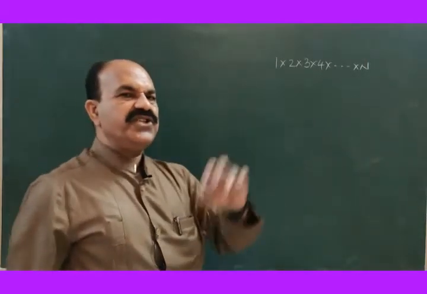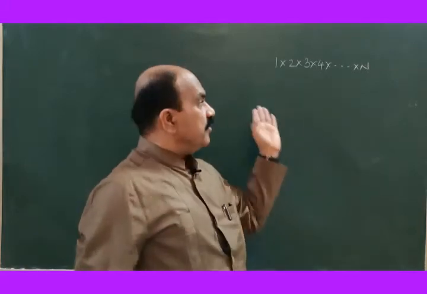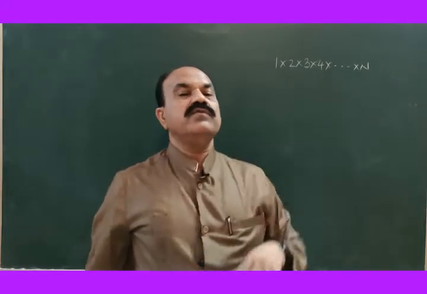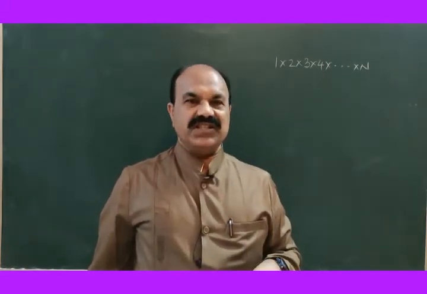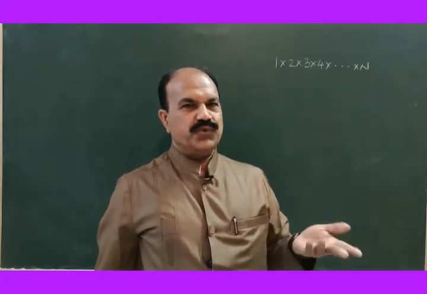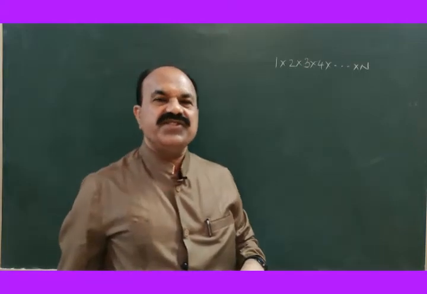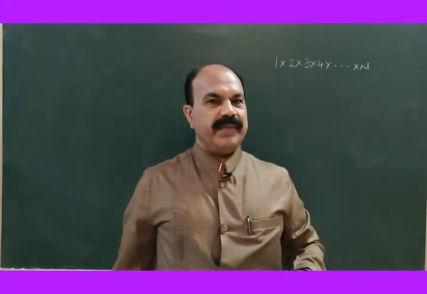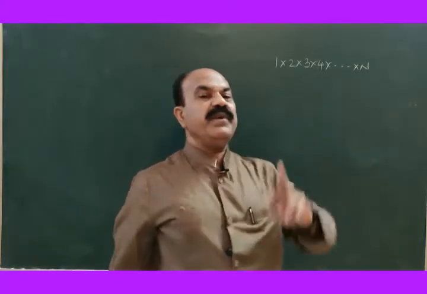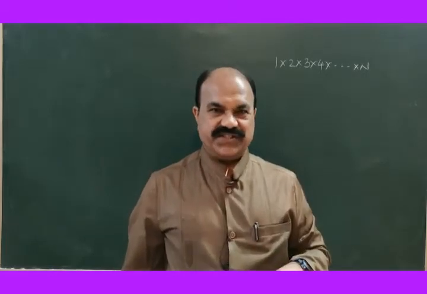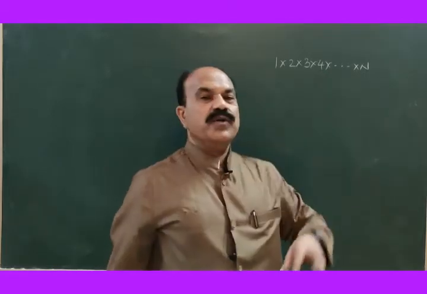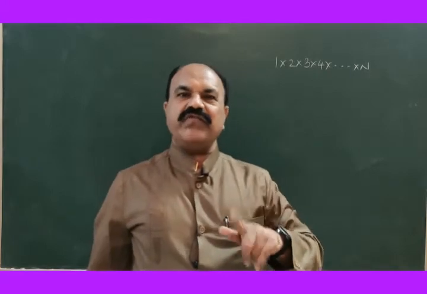The finite series is the product of integers 1 into 2 into 3 into 4 up to n, where n is a finite number, and therefore this will be a finite series. So this is the product of a finite series.